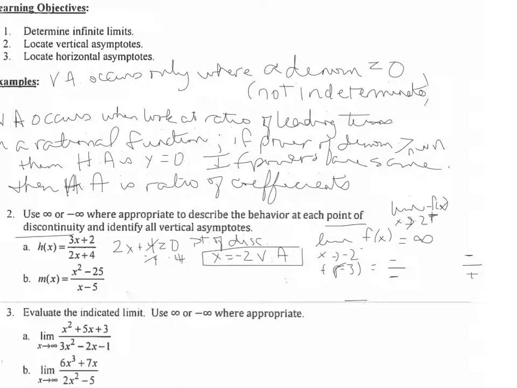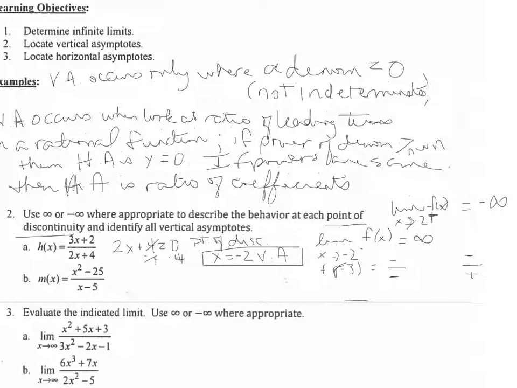A positive. And a negative divided by a positive is a negative infinity, right? So if we were trying to find the limit as x approaches negative 2, it doesn't exist. But I can tell what the direction is on either side of negative 2. It has one-sided limits that exist. Does that make sense?